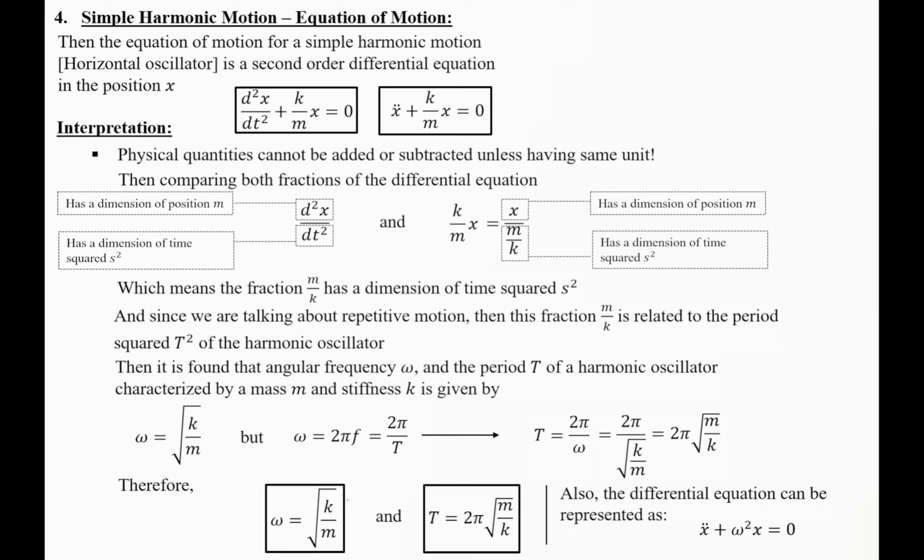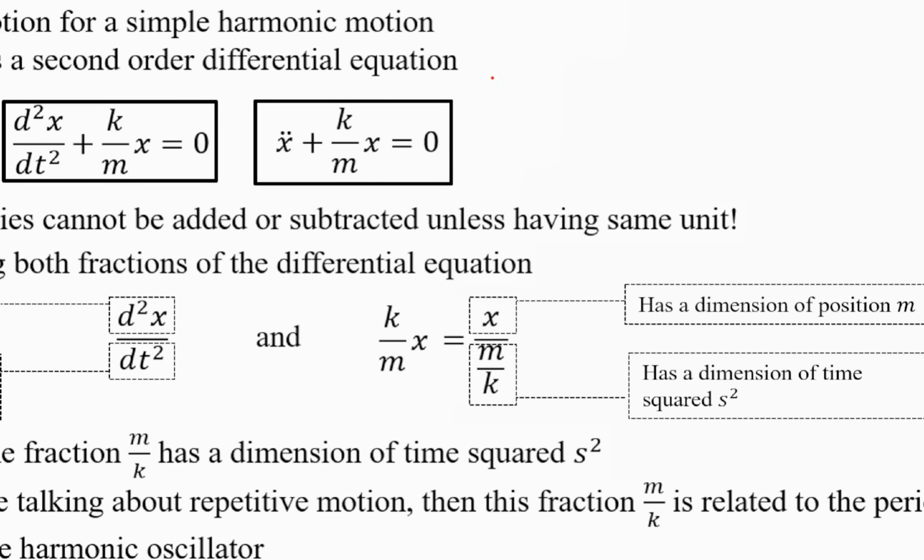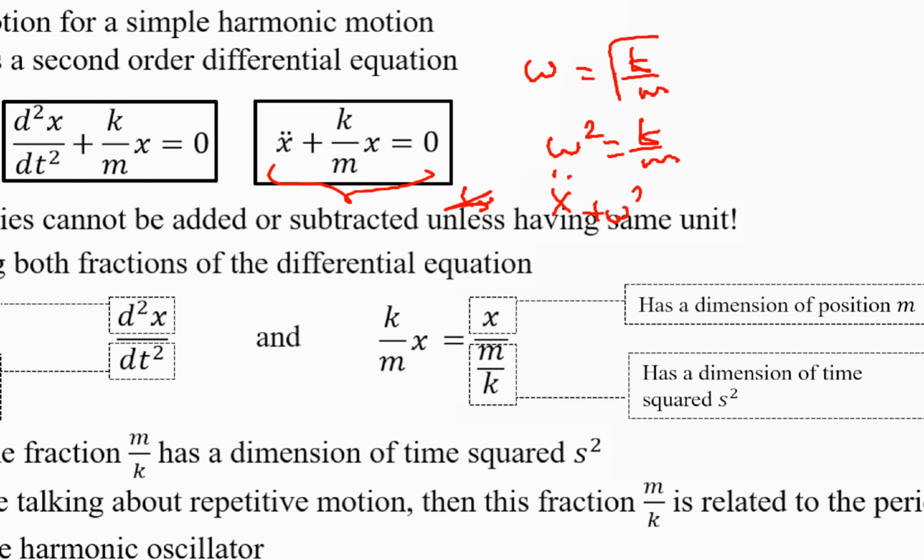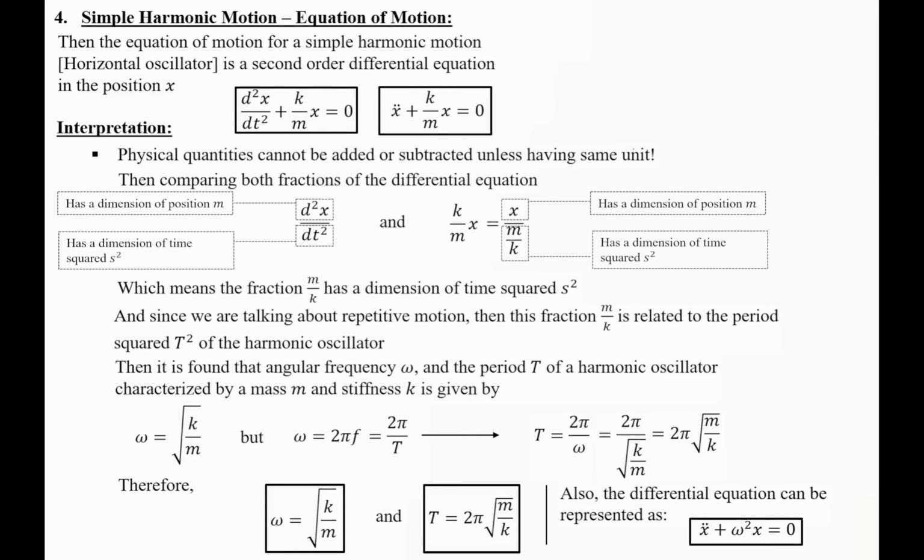Also, the differential equation can be represented as x double dot plus omega squared x is equal to 0, because if we have identified that omega is equal to square root k over m, then omega squared is equal to k over m, and this differential equation can be written as x double dot plus omega squared x is equal to 0.